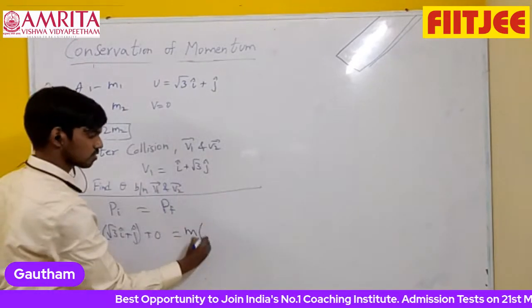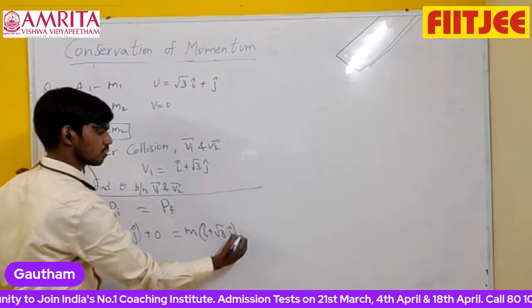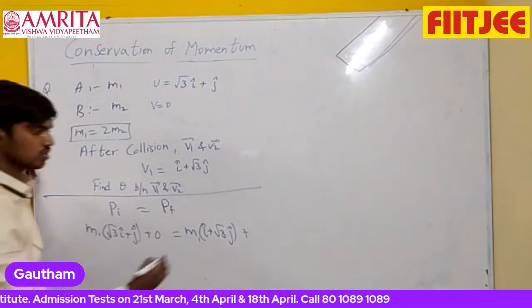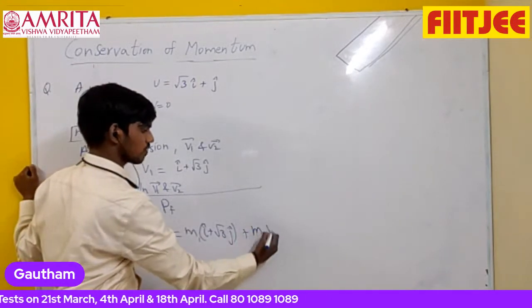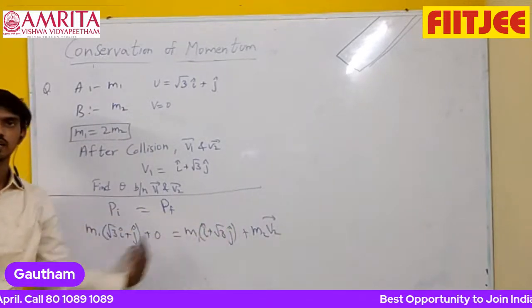I substitute its value directly: i cap plus root 3 j cap, plus the momentum of the second body, m2 into v2 vector. We can simplify this and find the v2 vector directly.